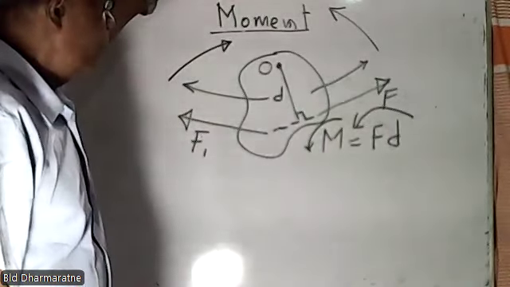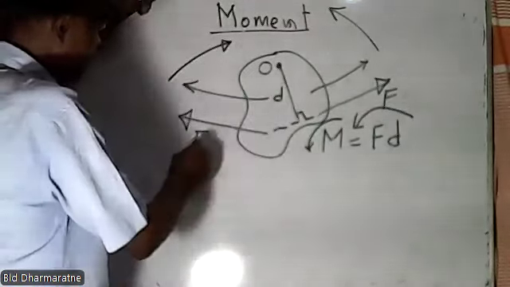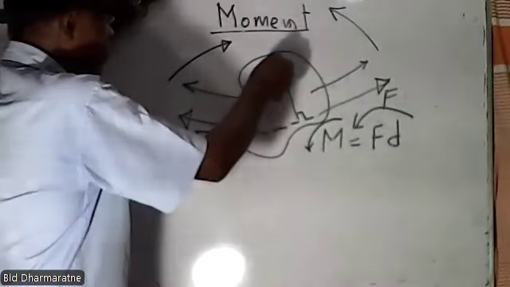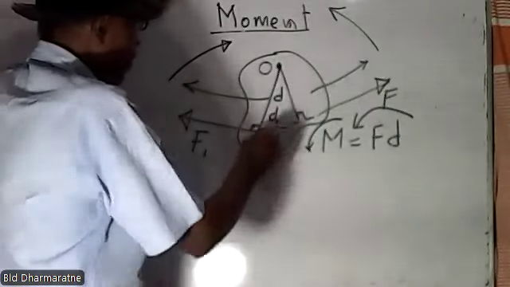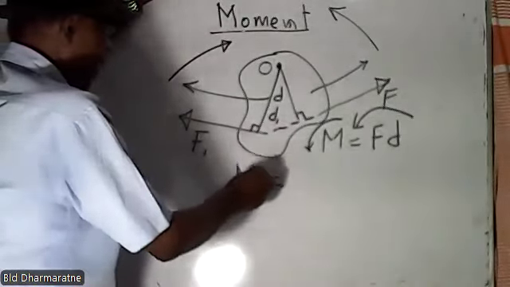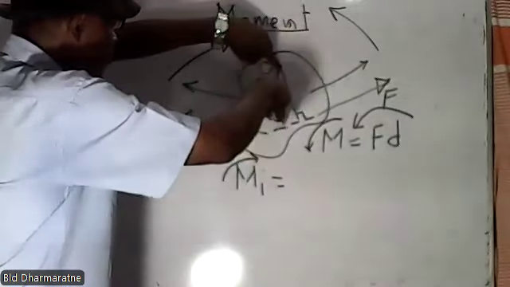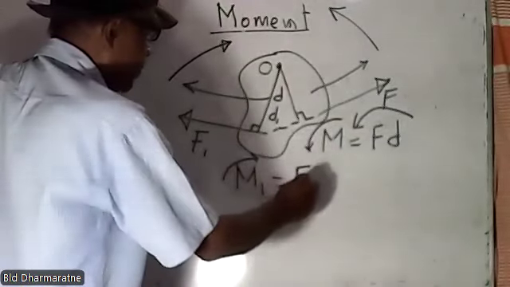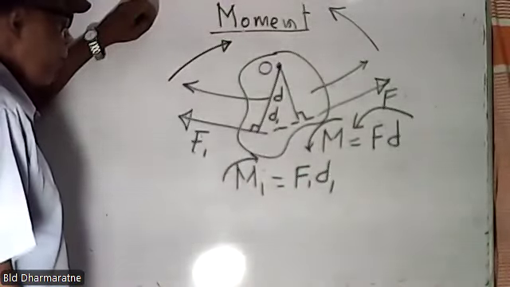Now we have understood the moment. In this case, the force F1 rotates the lamina clockwise. We draw the perpendicular, D1. The moment M1 equals F1 into D1 and acts in the clockwise direction.